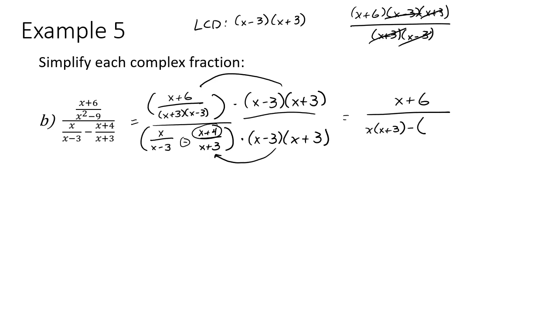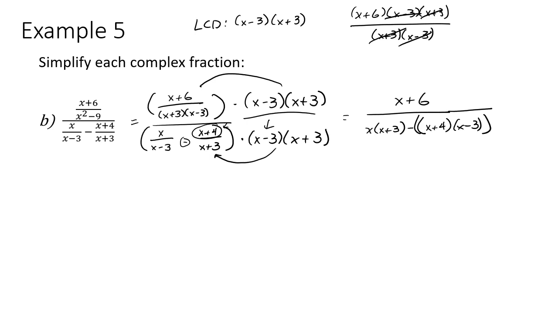So I'm going to put all of this in parentheses. x plus 4, and because the x plus 3 is canceled, we're left with x minus 3. And an extra set of parentheses just to be safe. And that was pretty much the hard part.